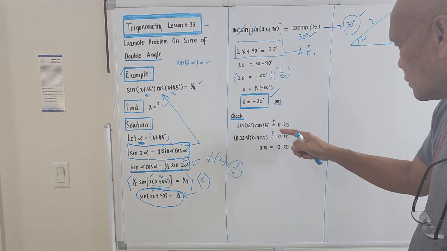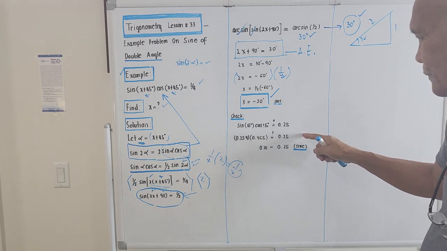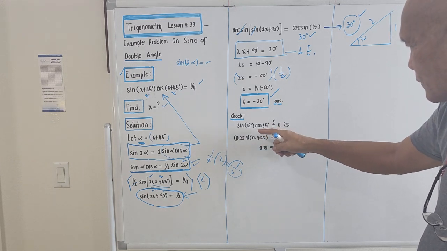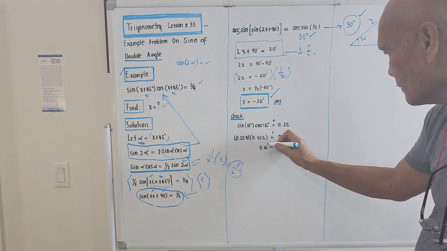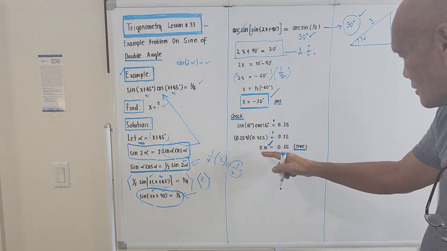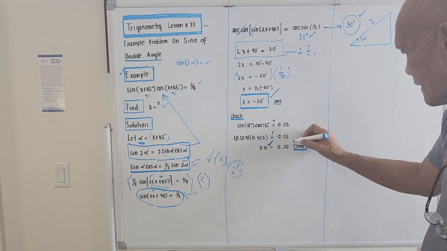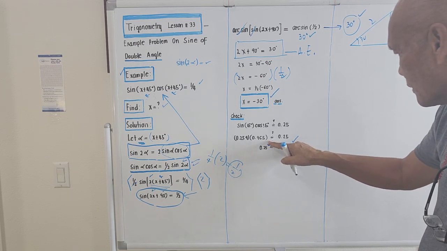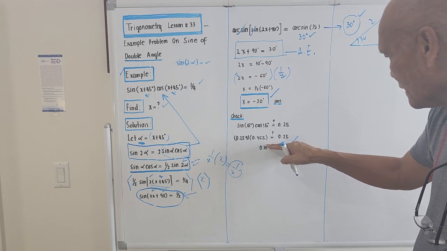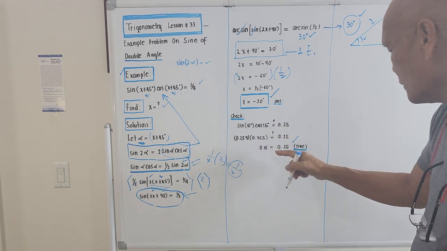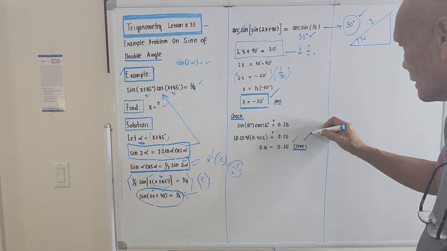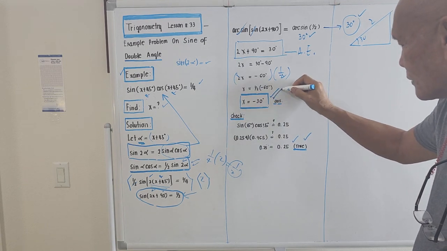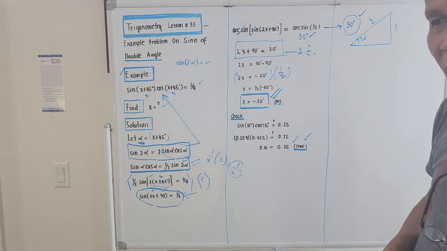We multiply these, will it be equal to 0.25? 0.259 times 0.965, if you use your calculator, is exactly 0.25. Since the left hand side is 0.25 and the right hand side is 0.25, we remove the question mark and place that 0.25 is really equal to 0.25. It is true. So our answer is actually correct.